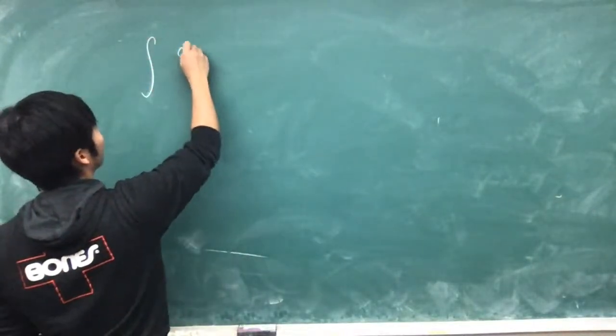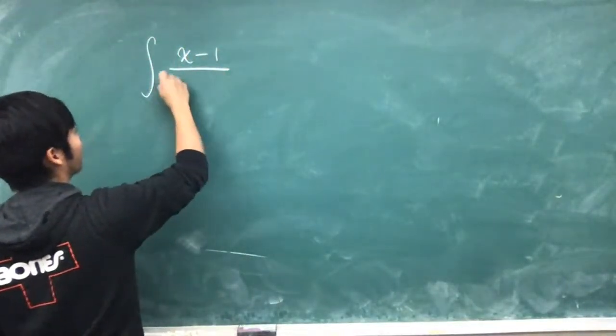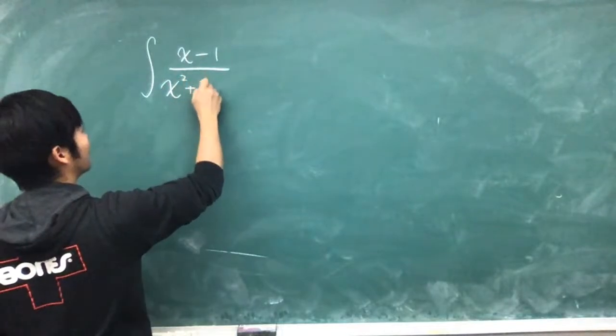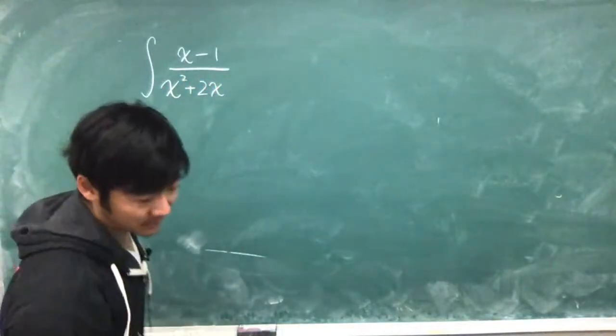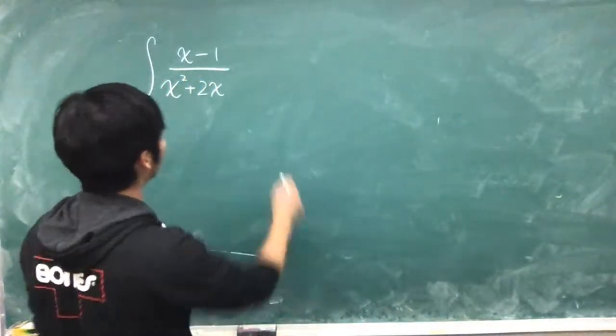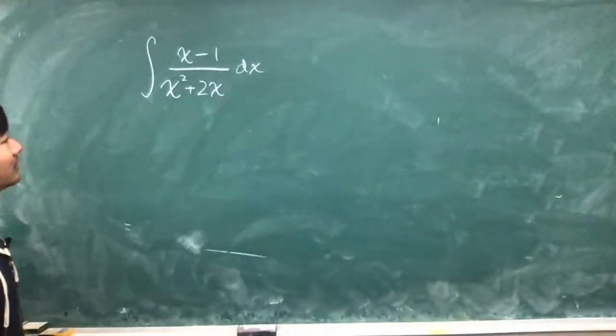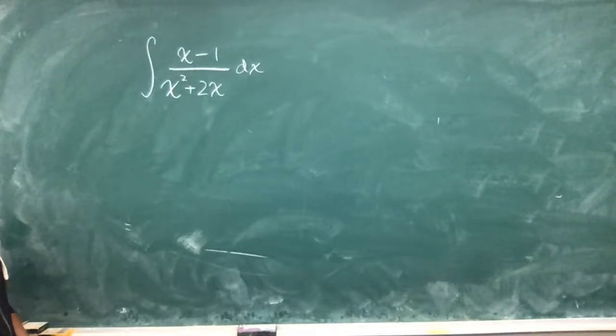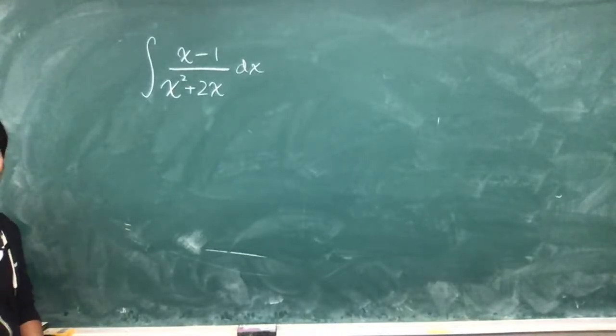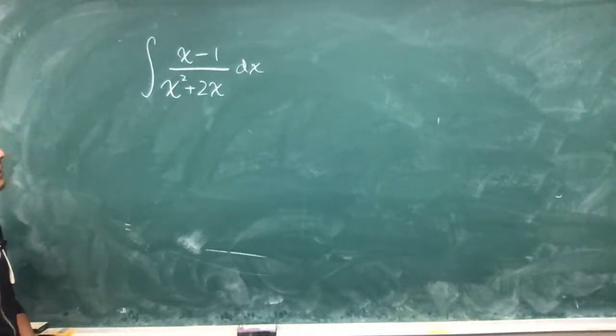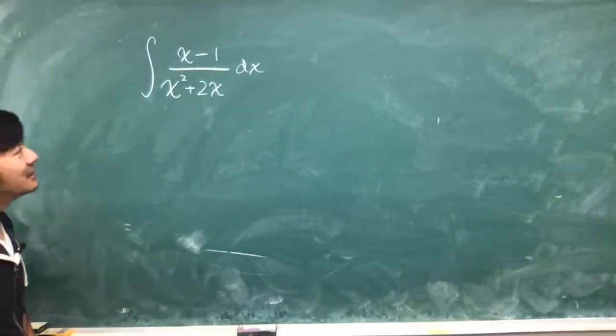So the next one is x minus 1 over x squared plus 2x dx. So how to start this one?